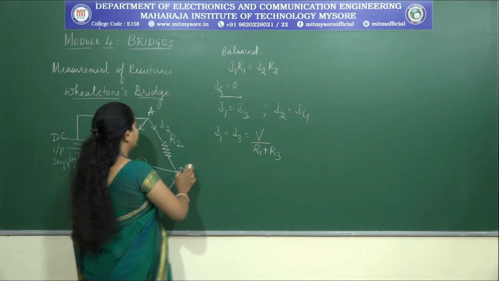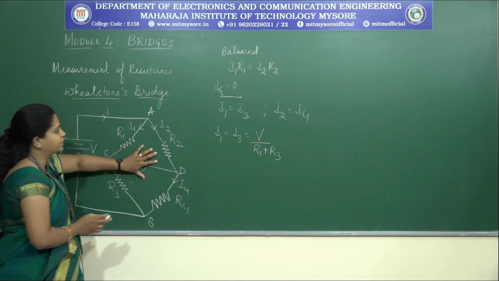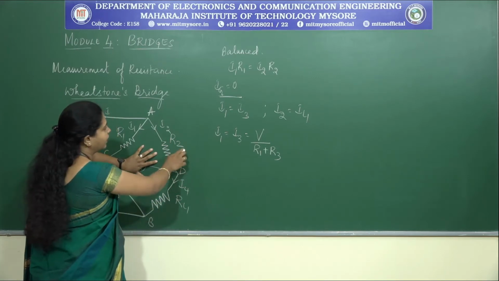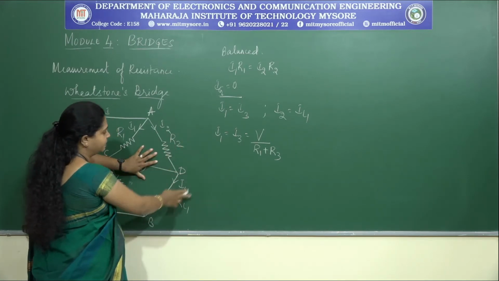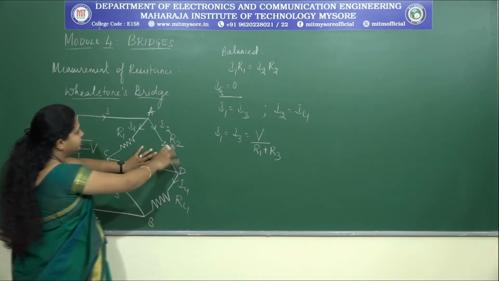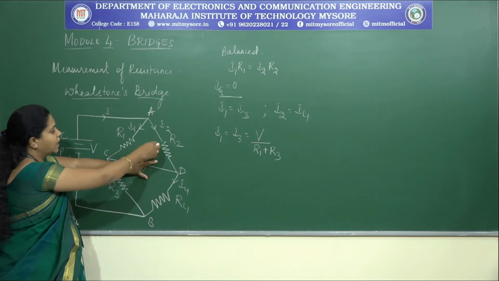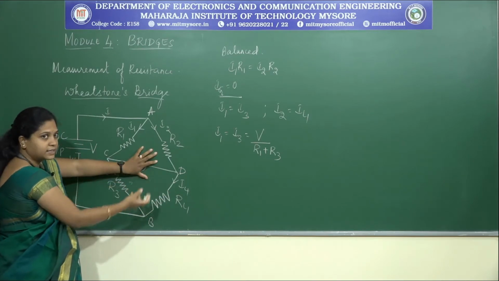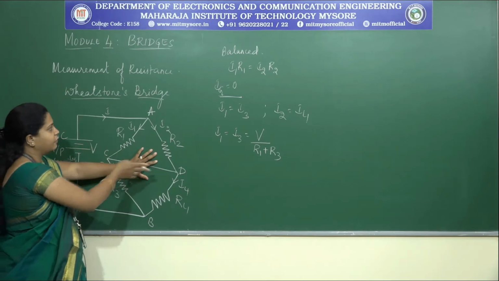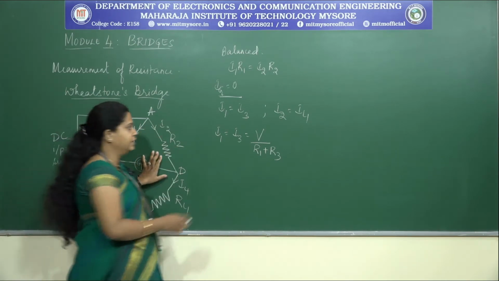Similarly, the other arm of the bridge has R2 and R4. I2 will be equal to I4, so the voltage across this arm, R2 plus R4, whatever the resistance we add, V divided by R2 plus R4, we get back the current I2.